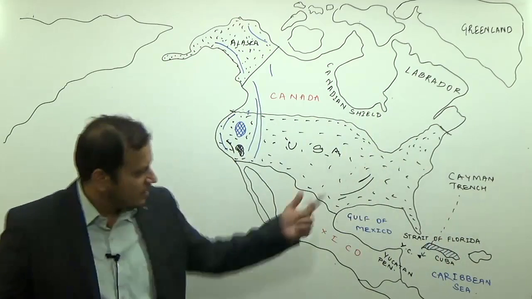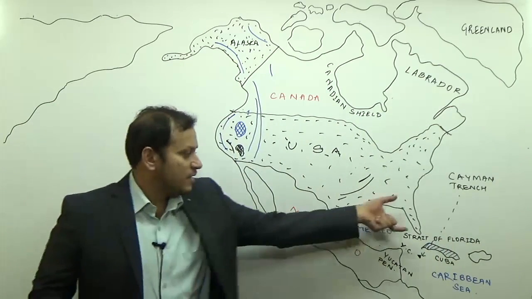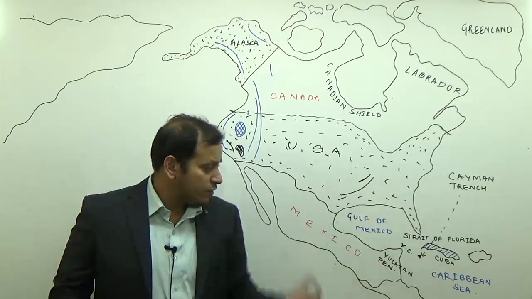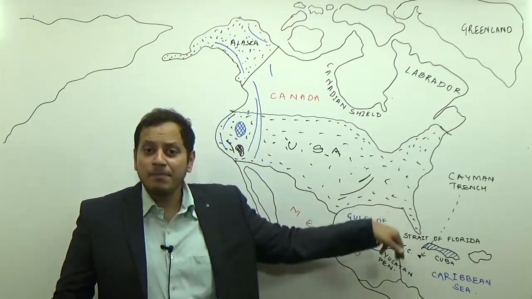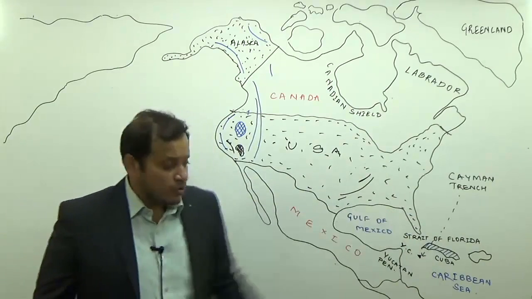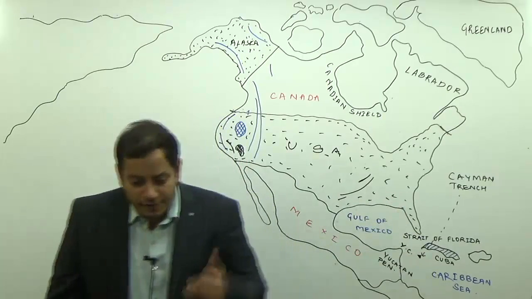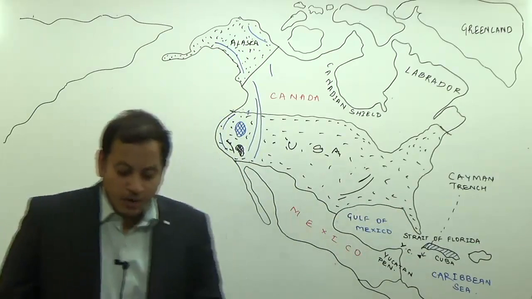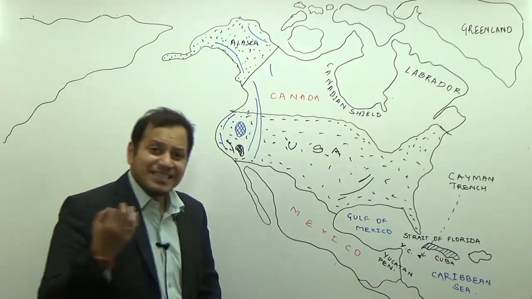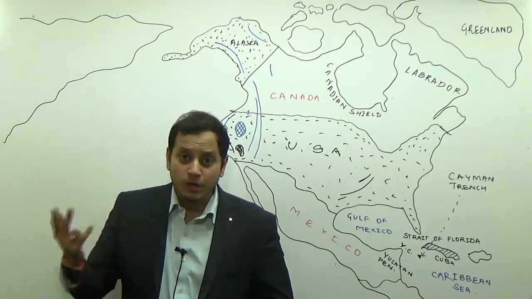So this is about that part. Let us repeat. Gulf of Mexico, this part on the southern part of USA. This is the Strait of Florida. Why? Because this tapering part which is projecting into the sea is known as the Florida Peninsula. So the Strait of Florida separates USA from Cuba. What is a strait? A strait is a narrow water body which connects two larger water bodies.